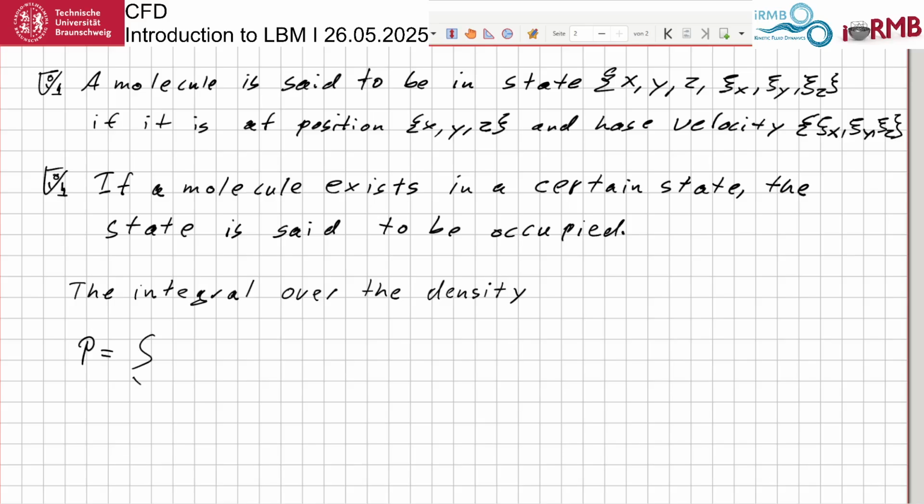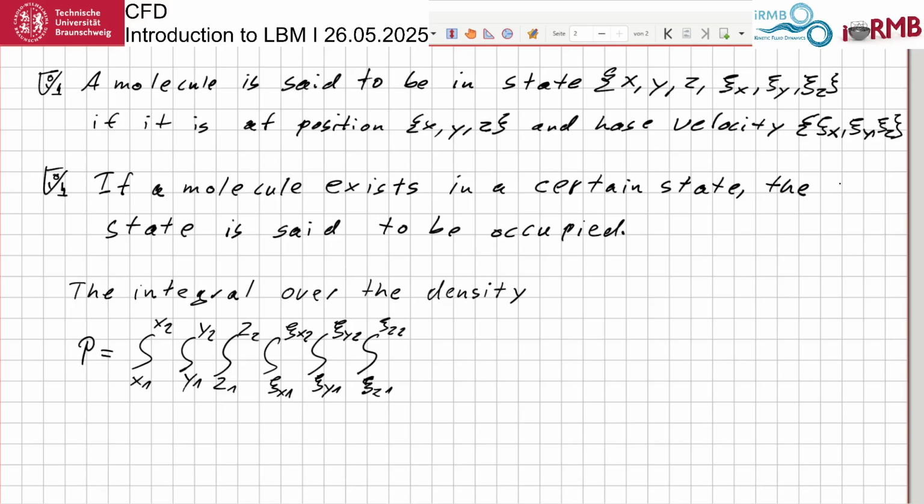So we integrate x1 to x2, y1 to y2, and z1 to z2, so this would be the integral over space. Then we go on and integrate also over velocity space, xi x1 to xi x2, xi y1 to xi y2, sorry for all these integrals, and xi z1 to xi z2.